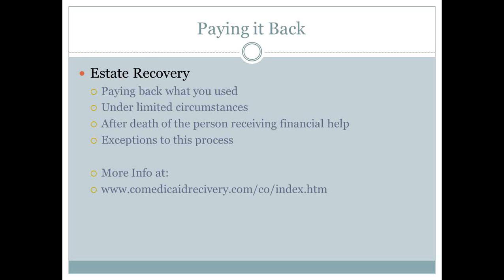But in most cases, yes, you pay most of your income, a maximum portion, to the nursing home. It doesn't take it down to the 2163 because you'll still be required to pay a majority. But again, that's a decision determined by the Department of Human Services. They'll give an actual dollar amount of the income that needs to be paid to the facility.